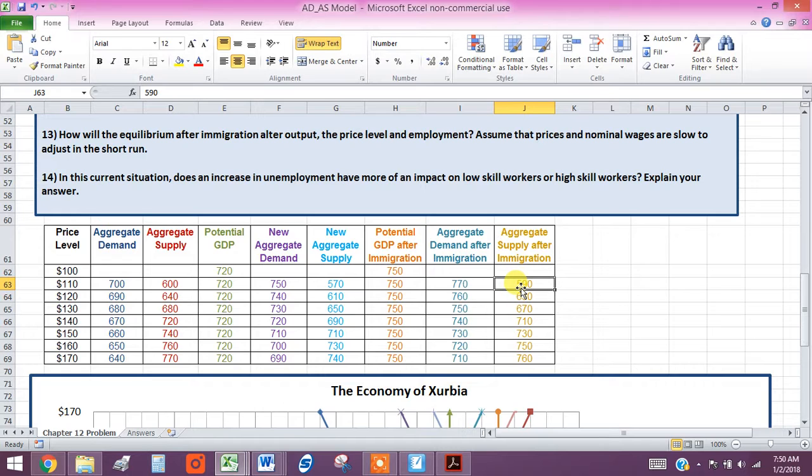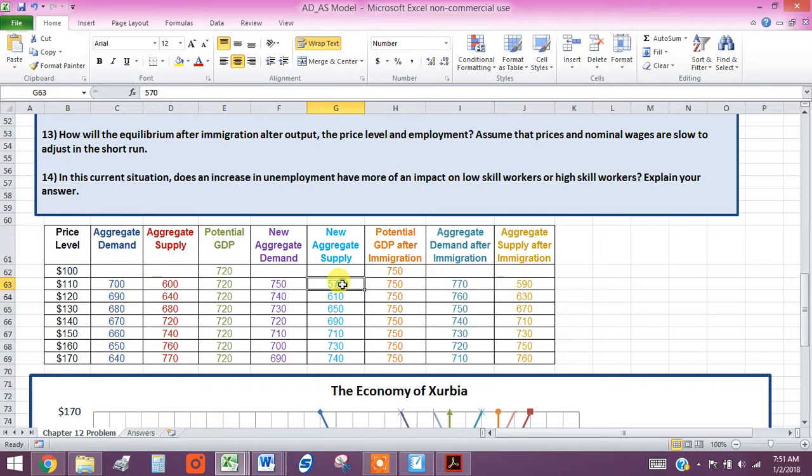Wow, okay, 20 more. I was getting scared there for a minute, like, what did I do wrong? No, I didn't do anything. So now we're going to be able to produce more at every price level. So this is going to go up 20 at each one.